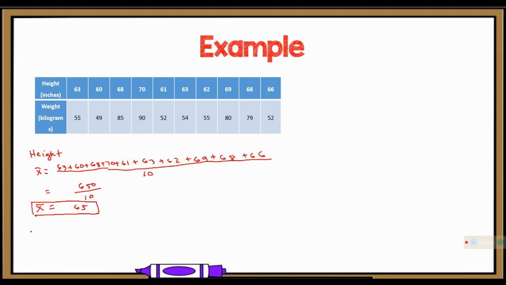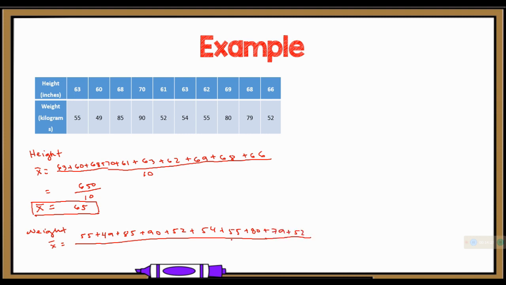Ayan. Now, let's get the average weight in kilograms. Again, we're going to add all the values: 55 plus 49 plus 85 plus 90 plus 52 plus 54 plus 55 plus 80 plus 79 plus 52. And then divide everything by 10.